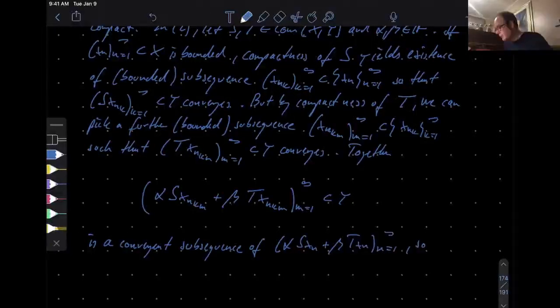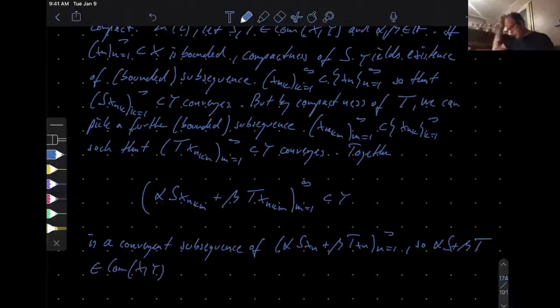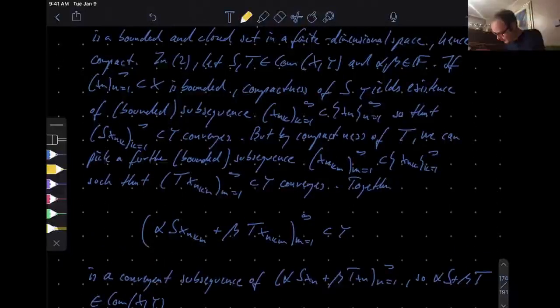So that means by definition of compactness, this combination alpha S plus beta T is again compact. Good, because we started with an arbitrary bounded sequence. This was our x_n. Where is it? At the very beginning: x_n bounded.